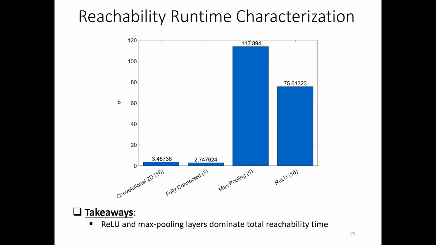So in practice, if you train a convolutional neural network and neglect the max pooling and minimize the number of ReLUs in the network, then you can have a good network and a verification friendly network at the same time.